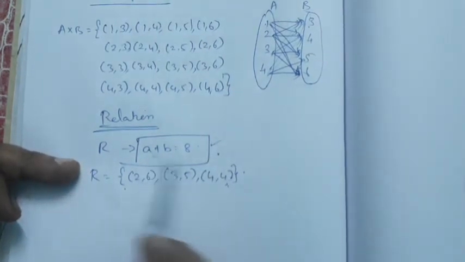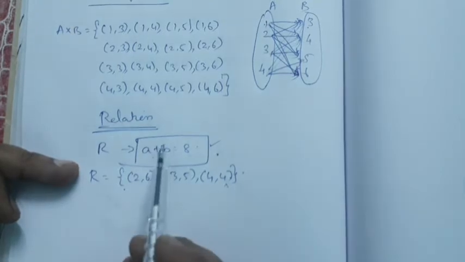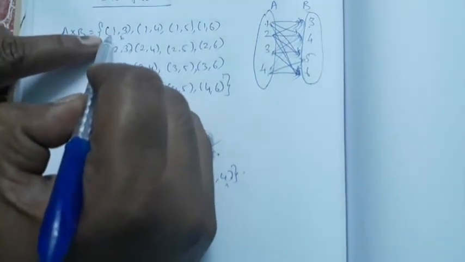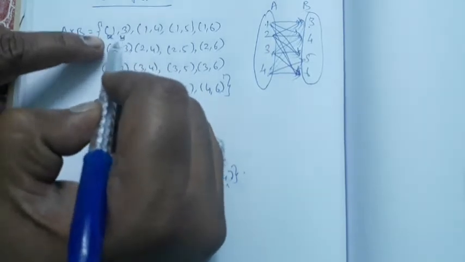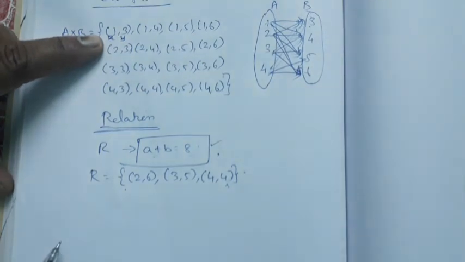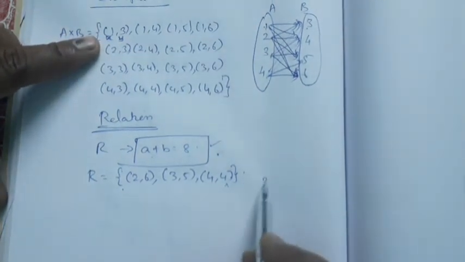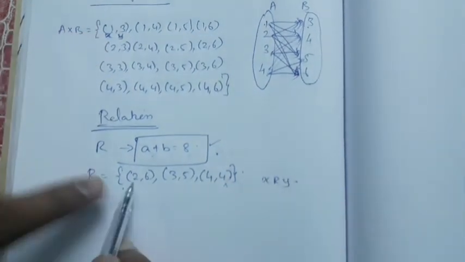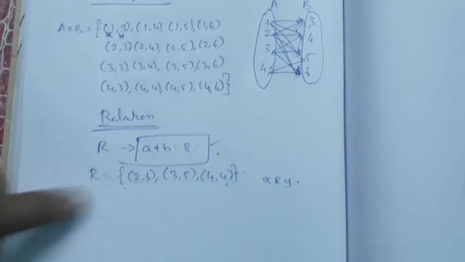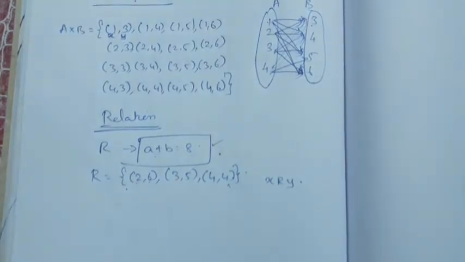If x is related to a and y is related to b through R, then we write x is related to y, that is, this element is related with this element. Based on some condition, these two elements are related with each other.